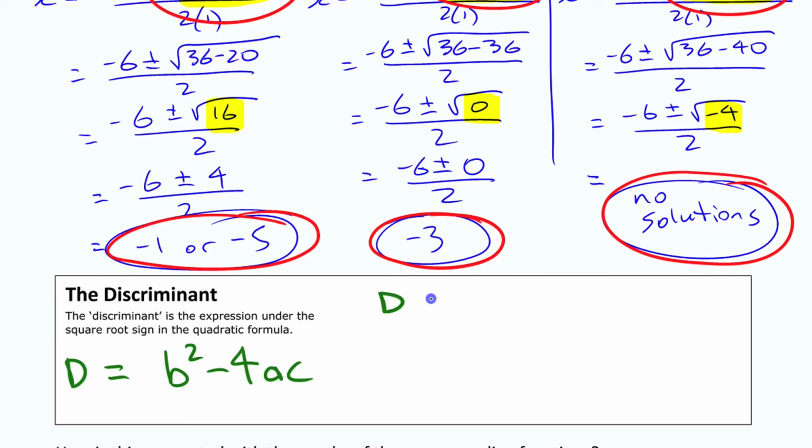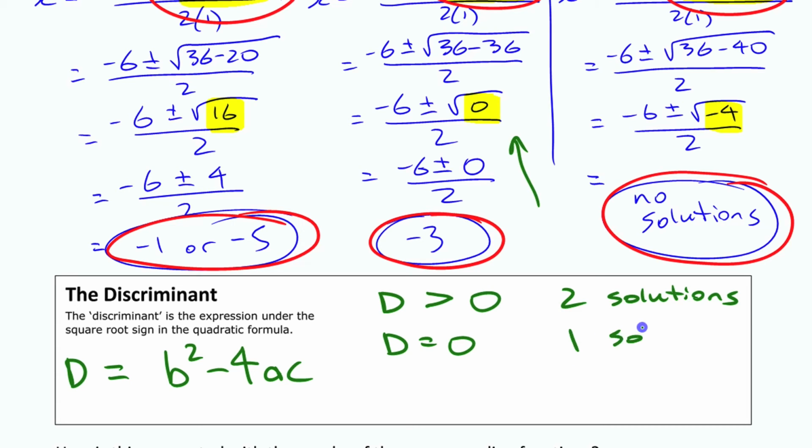If D, the discriminant, is positive, greater than 0, like what we had up here, it means there are two solutions. If D is equal to 0, like we had in this case, there is one solution. And if D is less than 0, if it's negative, there are 0 solutions. All right, so that value underneath the square root sign, you can check quickly to see how many solutions it has.